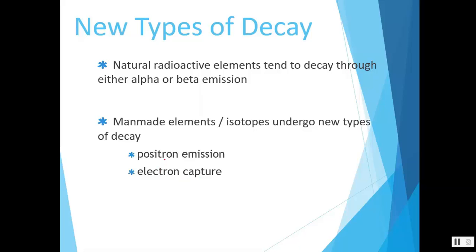In positron emission, which is a lot like beta emission, we see the emission of a massless, positively charged subatomic particle. In electron capture, we see that instead of releasing an electron, we absorb an electron. And that absorbed electron will convert one of our protons into a neutron.